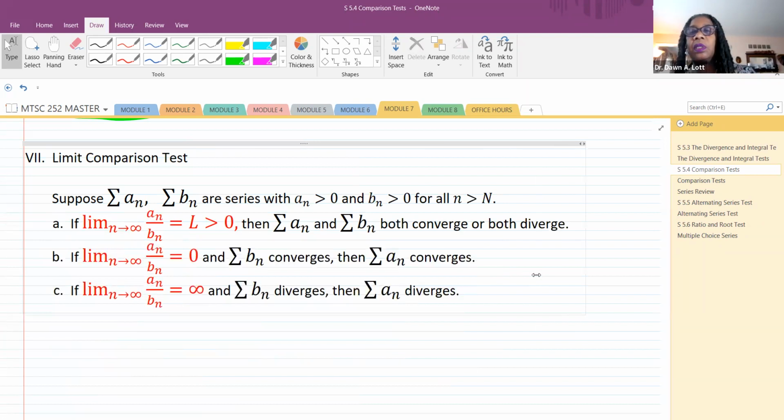Okay, so here is the limit comparison test. So now we have two series, again, summation an and bn. And they both have positive terms.